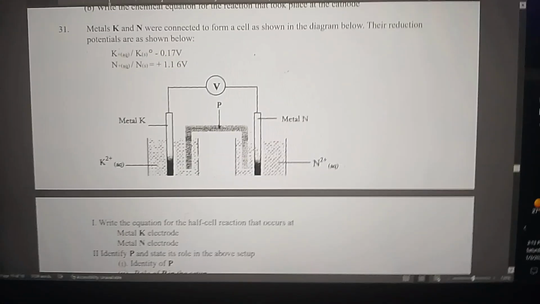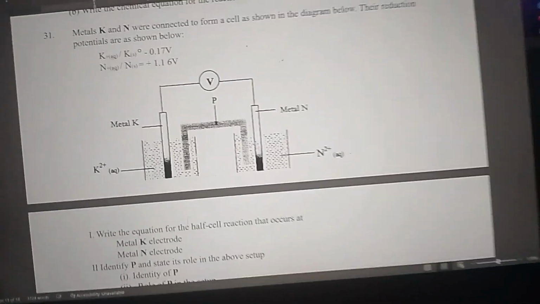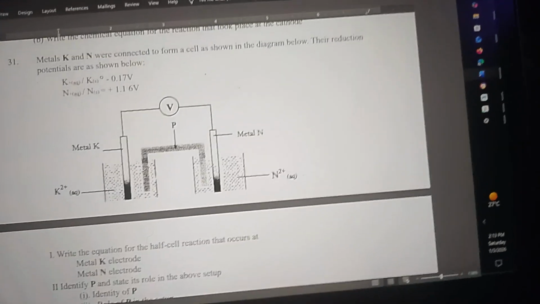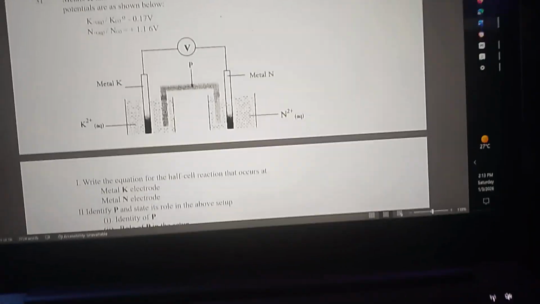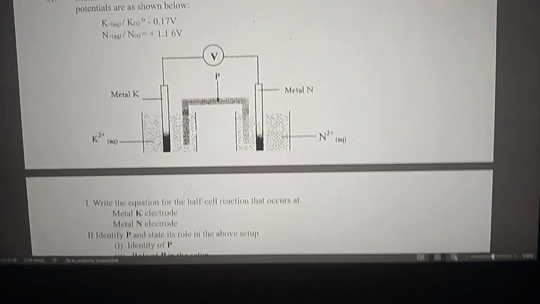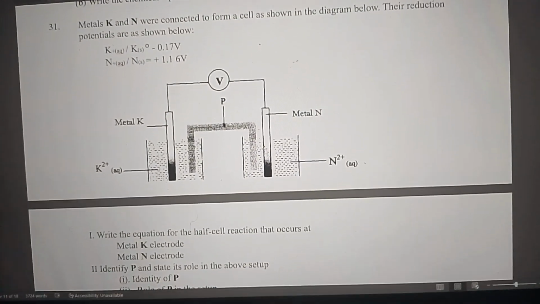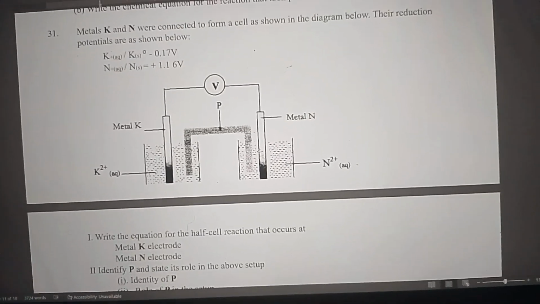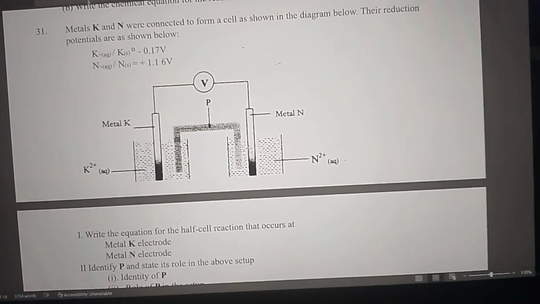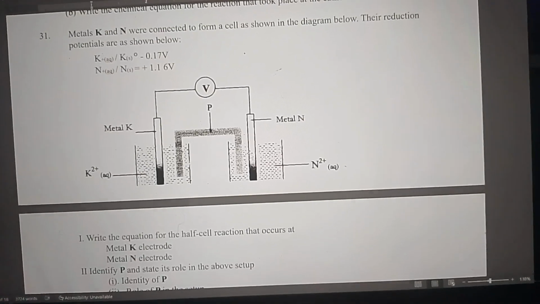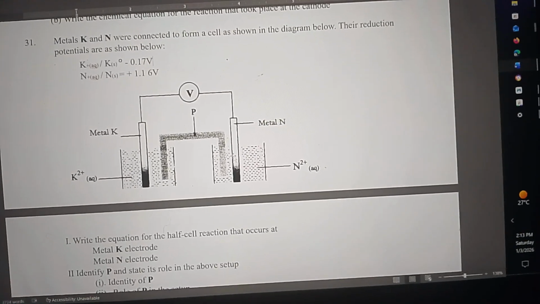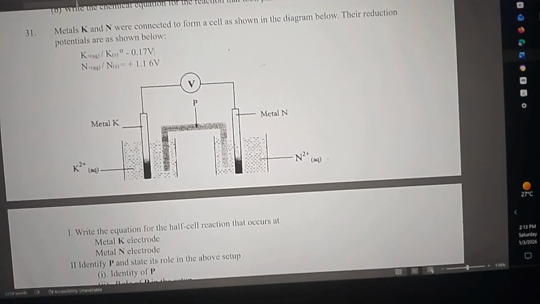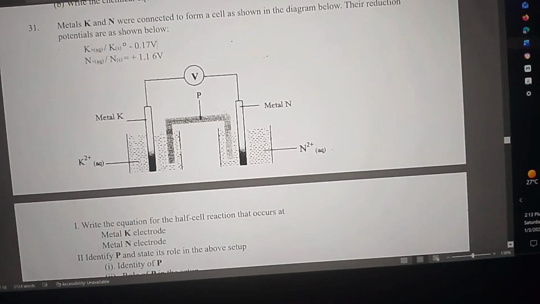So I'll go straight to a question, and I'll use this question as my way of explaining this concept here. This is a KCSE question, of course, and it's telling us that there's a metal K and N that were connected to a cell, and the diagram is shown here.